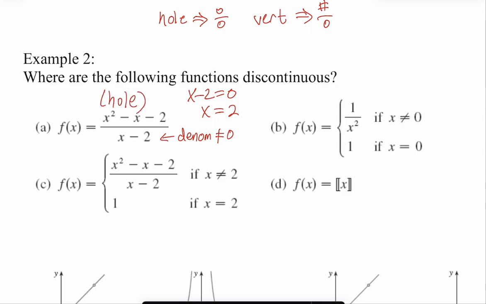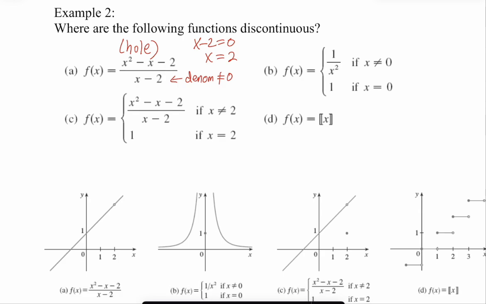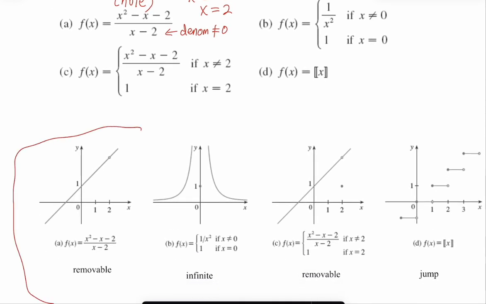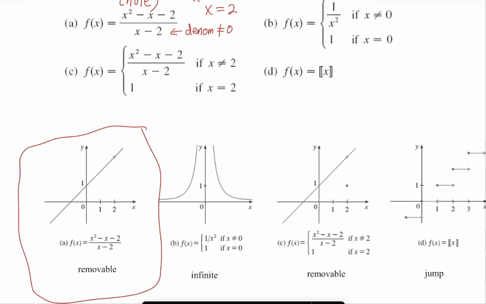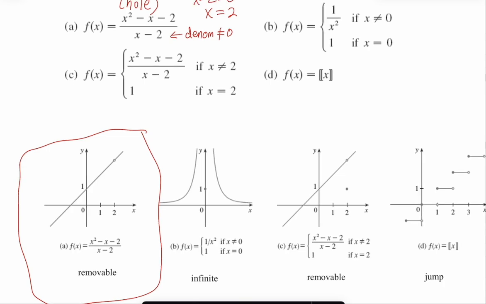If we were to graph it in Desmos, this is what the graph looks like. It is a removable spot at x equals 2. You can see this little hole right there. So the math we got was 0 over 0 at that spot.